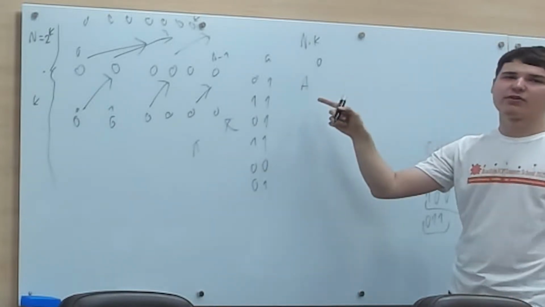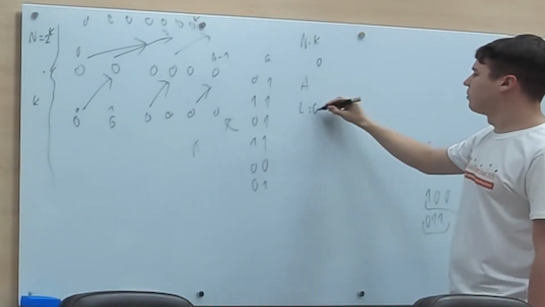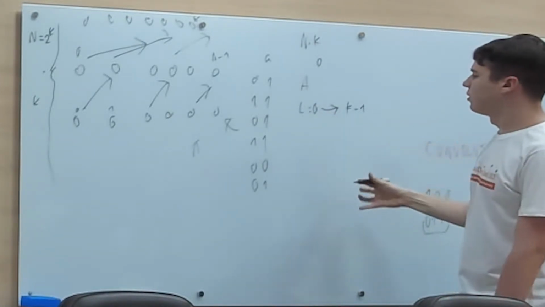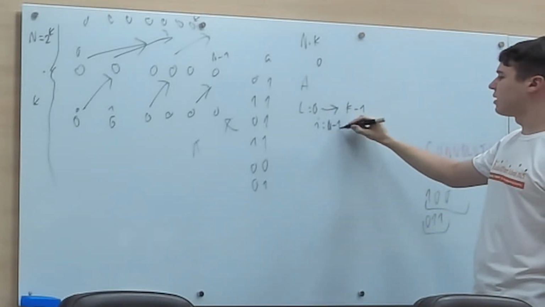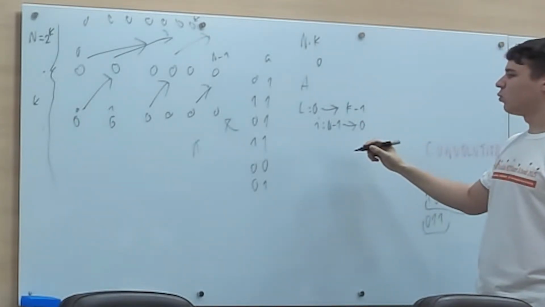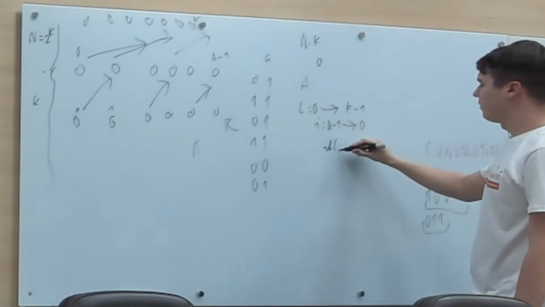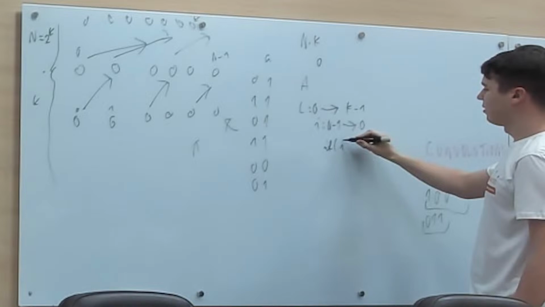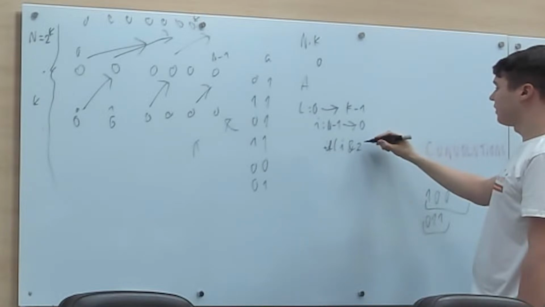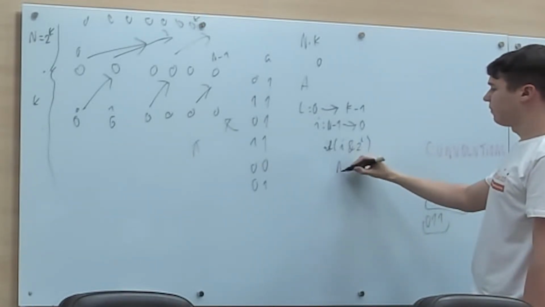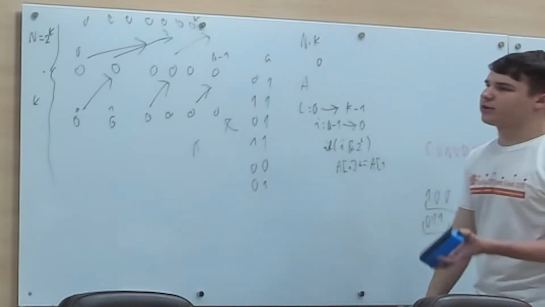Let's say we have our array A, and now for every layer L from 0 to n minus 1, for every i from N minus 1 to 0, we can do: if i AND 2 to the power of L, then A_i plus equals A of i XOR 2 to the power of L. Sorry, one more important thing.